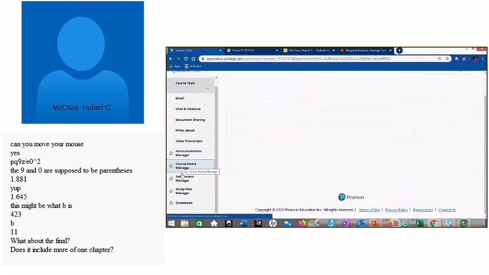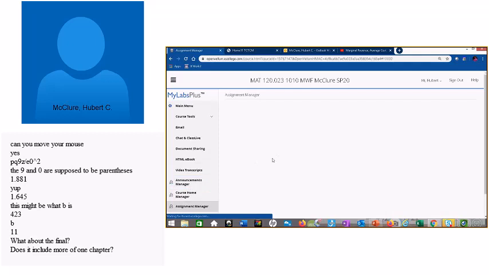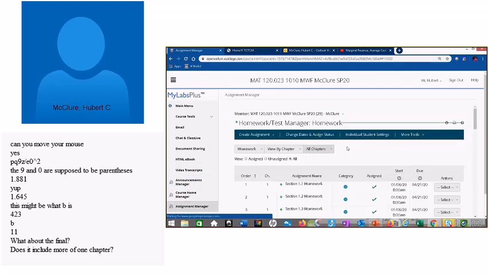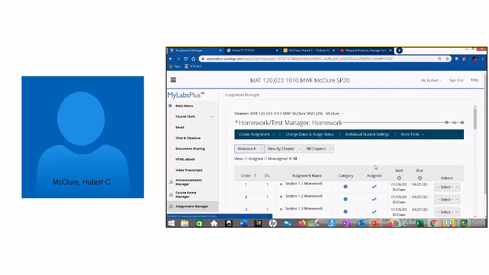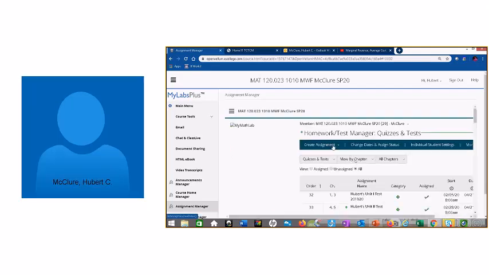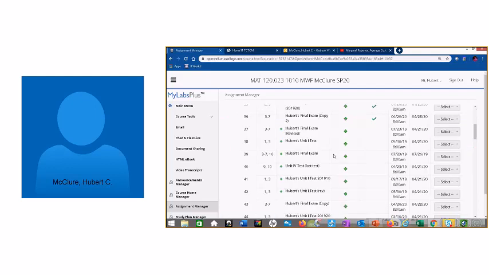Instructor, course tools, assignment. It'll tell me on this how many. I think I covered 3 and 7. I think I pull a lot of 3 and 7. Yeah. Well, it says 3 through 7.